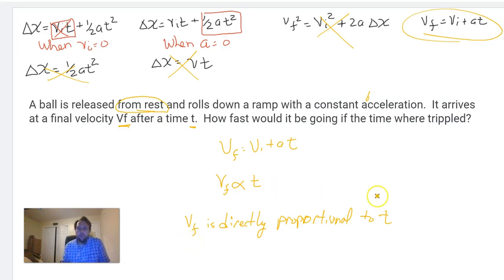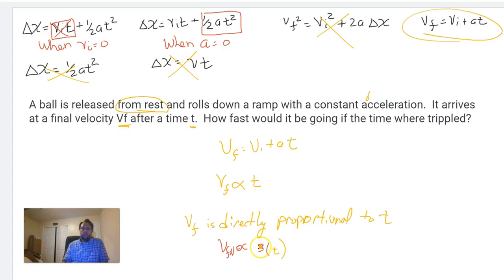And so when it's directly proportional, when you triple one, you triple the other. Okay, so if you put a 3 in there, VF new is proportional to 3 of those original t's.